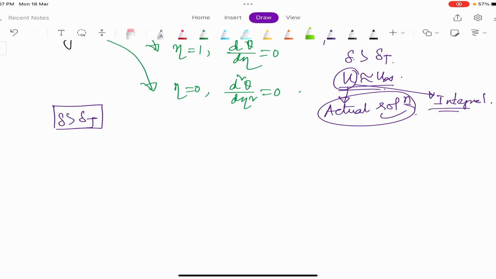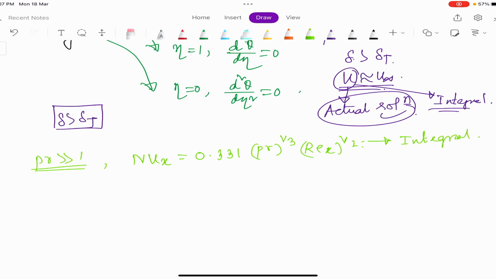That mathematical exercise gives us Nu x equal to 0.331 Prandtl number to the power 1/3 and Reynolds number to the power half, and this is for Prandtl number much greater than 1. So this is the integral solution. And if you want to find the actual solution, what was that?